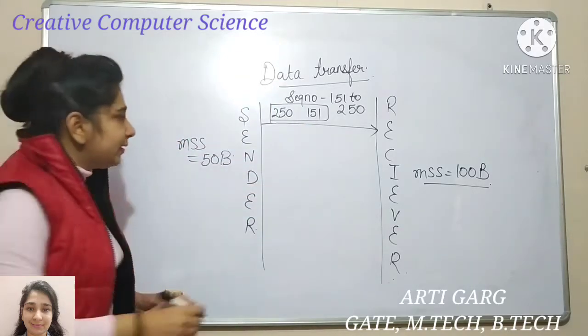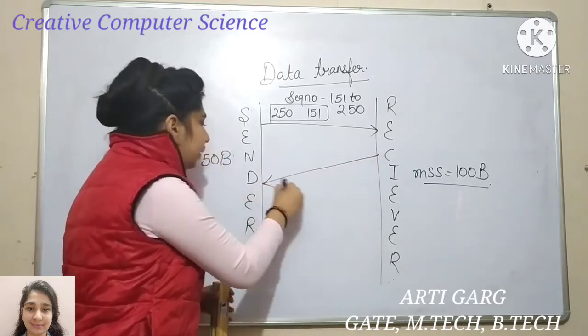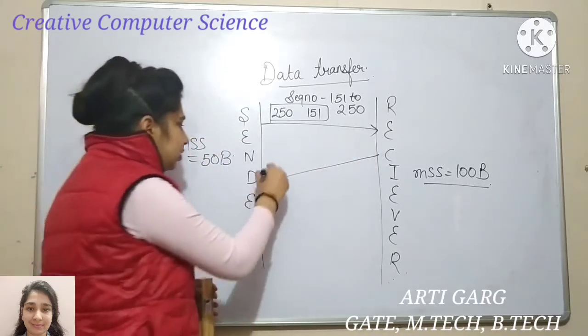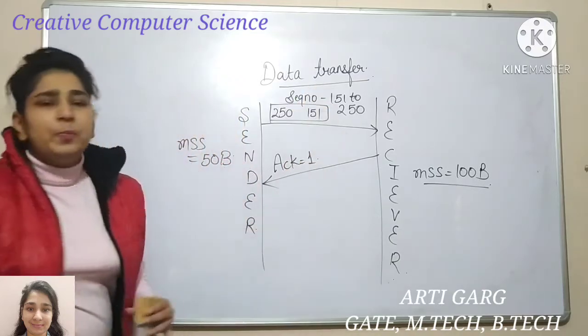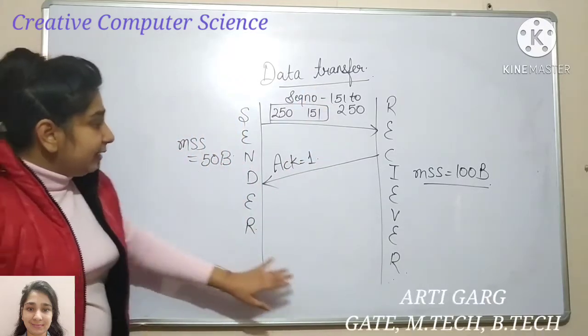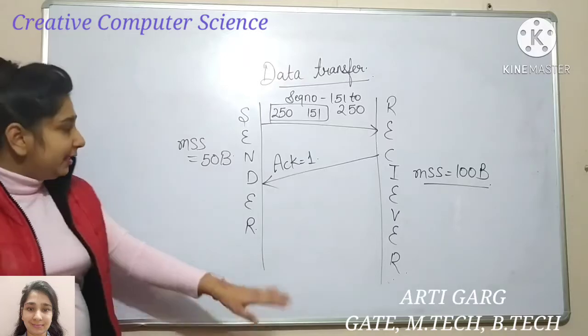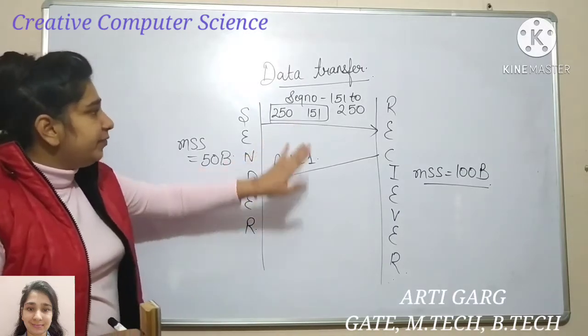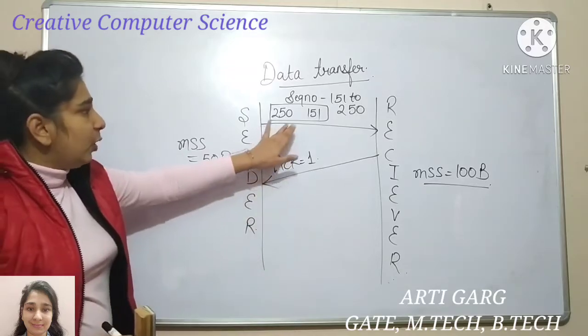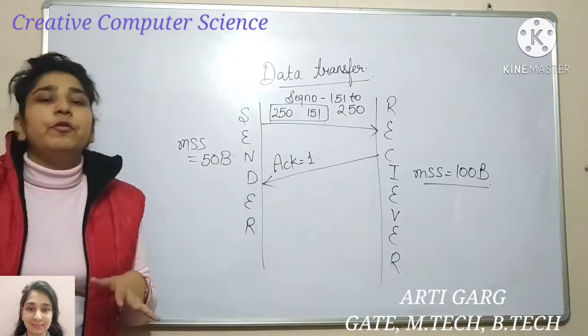Now what is the receiver doing? The receiver is sending back an acknowledgement, acknowledgement equal to 1. What is the purpose of the acknowledgement? The receiver is assuring the sender that it has received the bytes from 151 to 250.